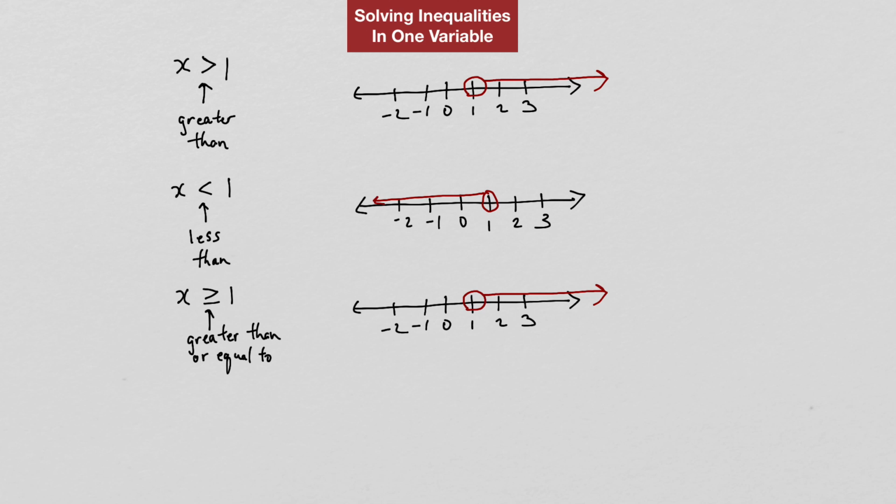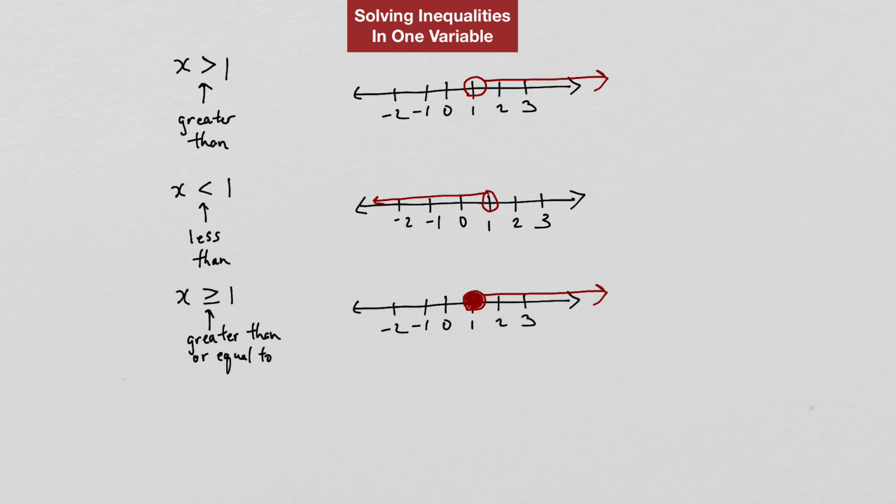It'll look just like the first one, except we need to fill in the circle and make this a solid dot. What that represents is anything that is greater than 1 as well as anything that is 1. So it would include 1.